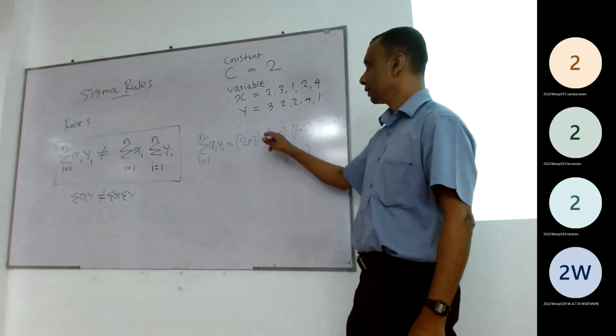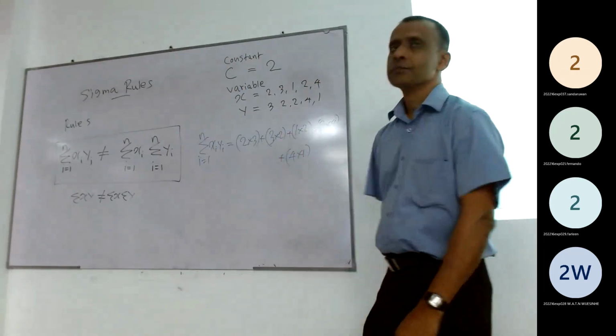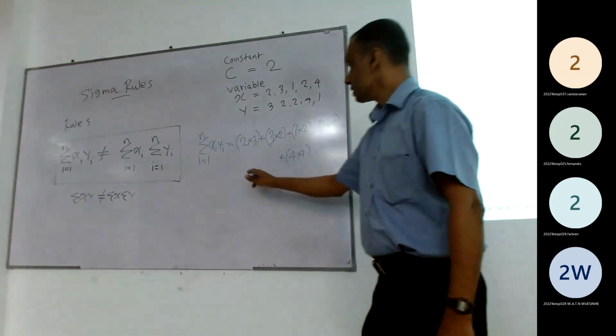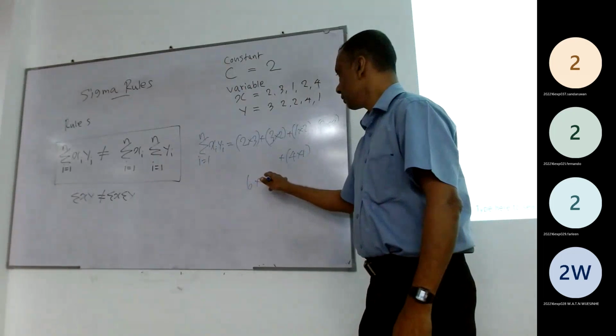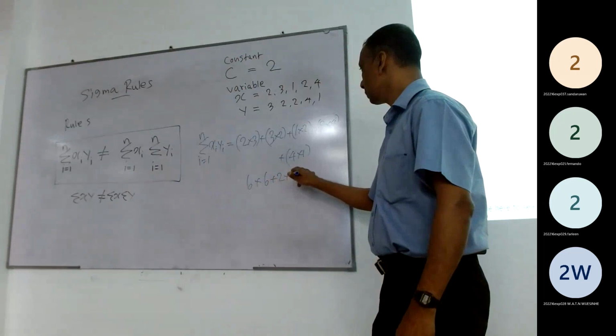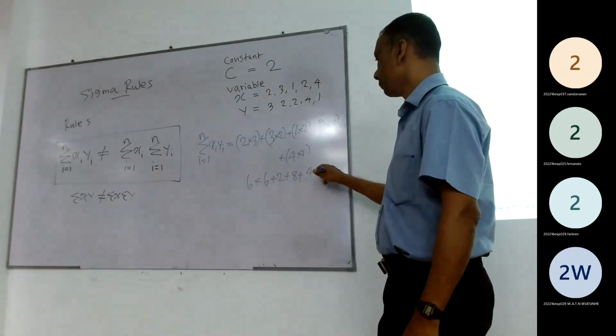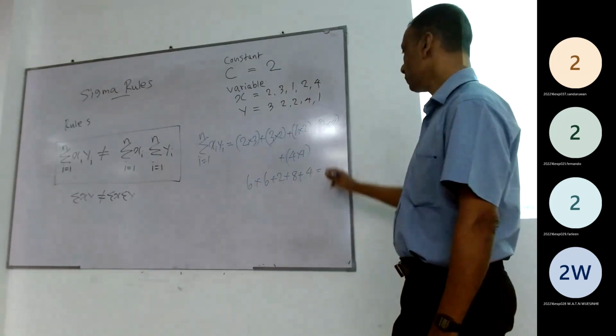You multiply. Then plus 6. 3 into 2, 6. 2 into 4, 8. 4 into 1, 4. 8, 10, 20, 26.